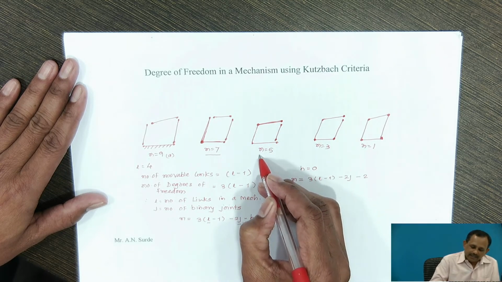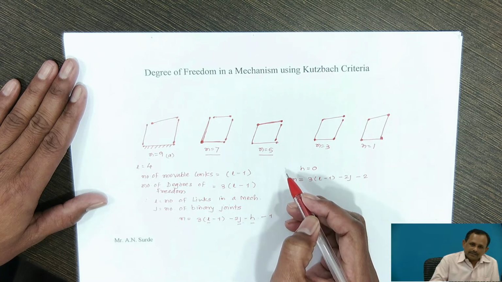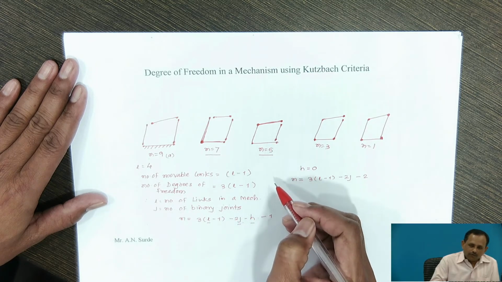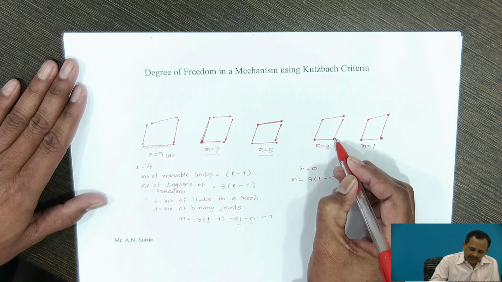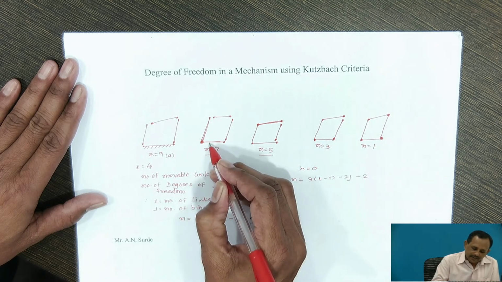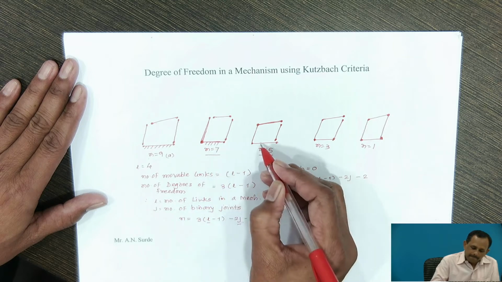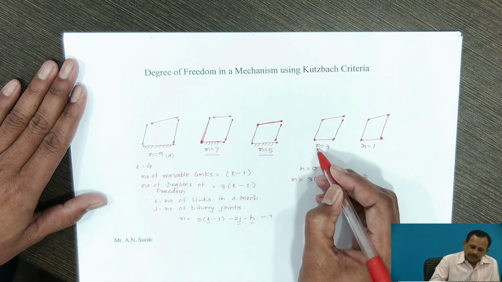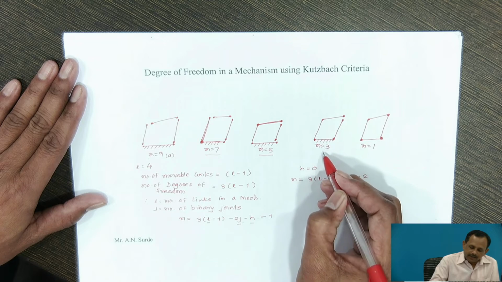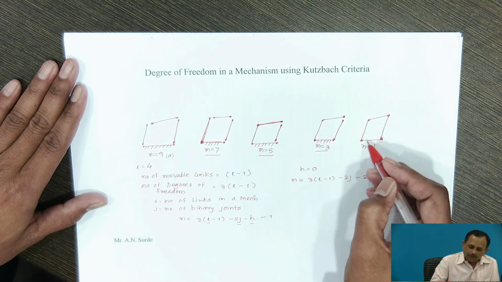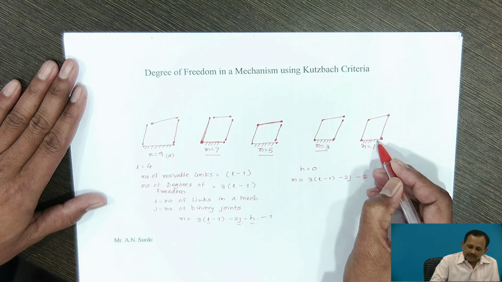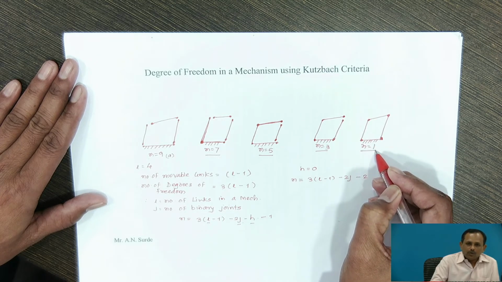In that case again 2 degrees of freedom will be reduced, so N equal to 5. Further, one more link is connected with the fixed link, then the number of degrees of freedom is reduced by 2, and that is equal to 3. And when all 4 links are connected together, the degree of freedom will be equal to 1.